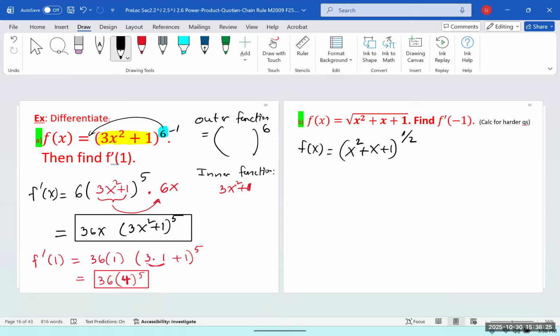You didn't even change the outer function. You cannot leave the outer function but change the inner function. First, you have to take the derivative of the outer function, but leave the inside function the same. So outer always comes first, and then multiply by the derivative of this thing here.